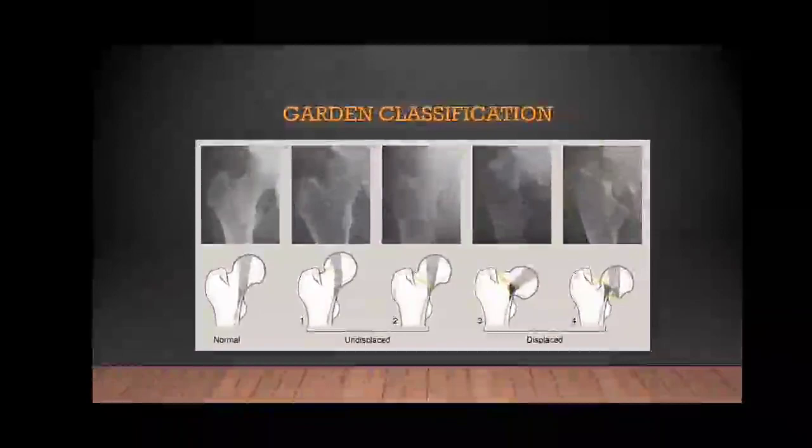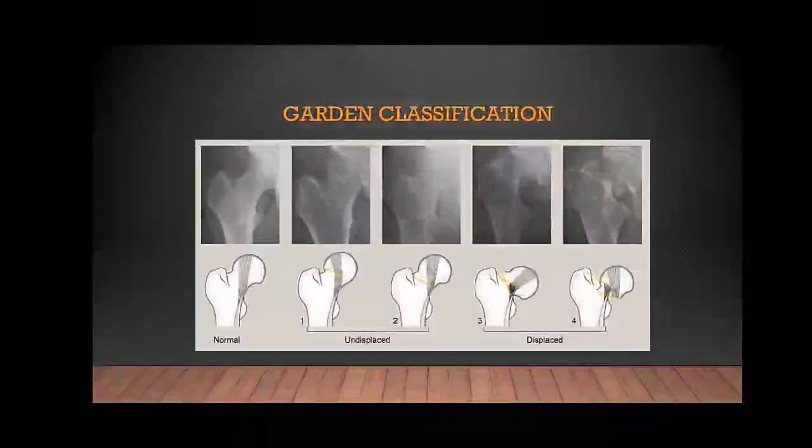So normally if you see the trabeculae, the break in continuity of the trabeculae without complete breakage is grade 1. There is complete break in continuity again but undisplaced fracture is stage 2.